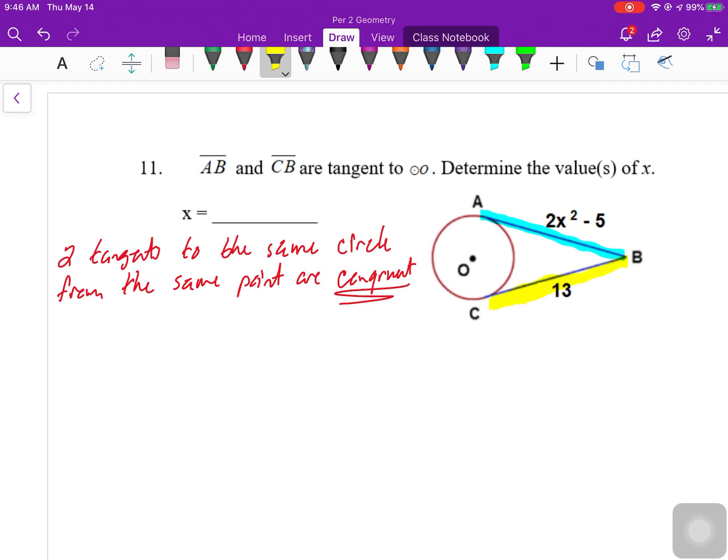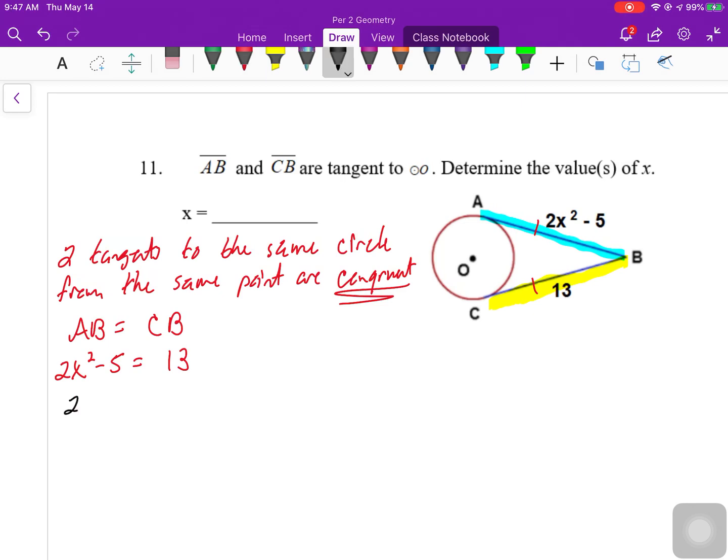So that means that this blue one right there will be congruent to this yellow one right here. Those two have to be congruent. So AB has to be equal to CB.